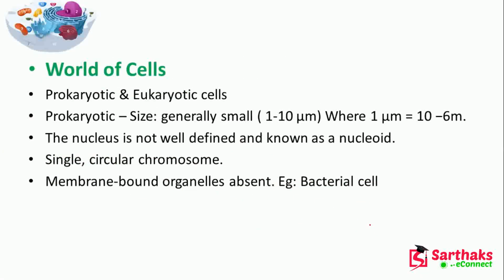Okay. So the world of cells: prokaryotic cells and eukaryotic cells. There are two different types of cells here. According to the number of cells, we can say that organisms may be of two types, unicellular and multicellular. But according to the nucleus, there are two types: one is prokaryotic, another is eukaryotic.